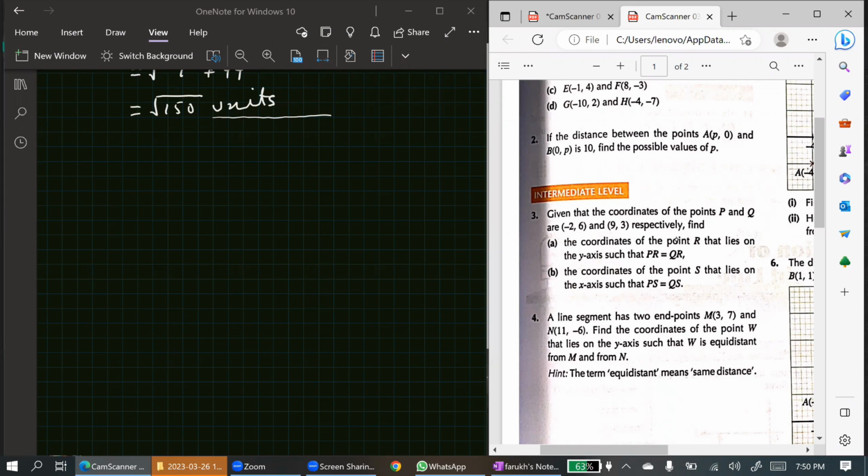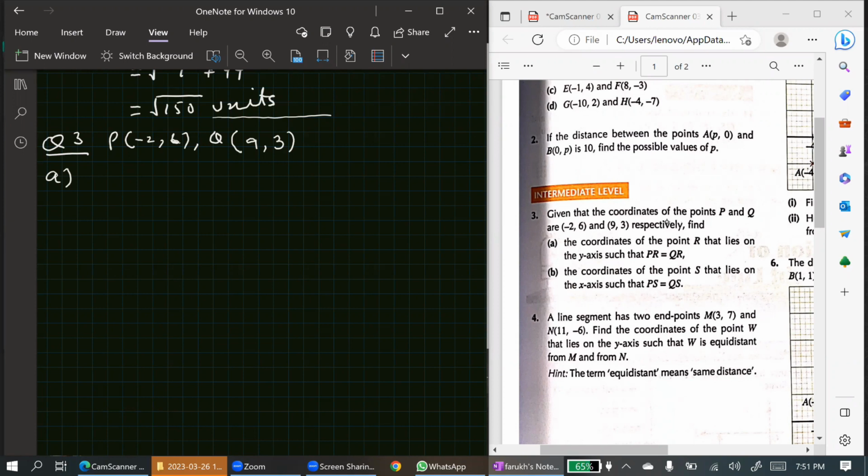Now, question number 3. Question number 3 is given that the coordinates of the point P and Q are, the part A is the coordinates of the point R that lies on y-axis.